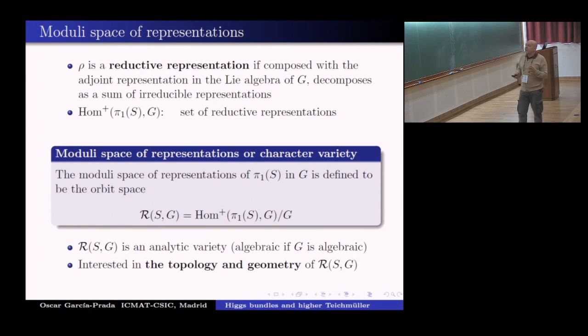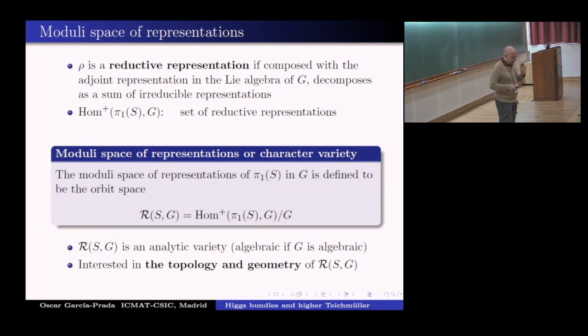So in general, one is interested in the topology and geometry of this character variety. This is, of course, a vast question. And I will focus in these talks on a very modest question about the topology, which is about components of this variety, but in particular special components, components that have properties in common with Teichmuller space.